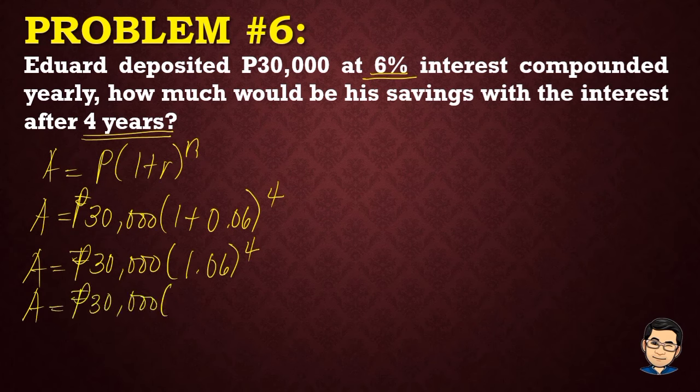So multiply lang po natin ng 4 times yung 1.06. And that is 1.26247696. Okay. And then, yung last natin na gagawin, i-multiply natin siya sa 30,000.